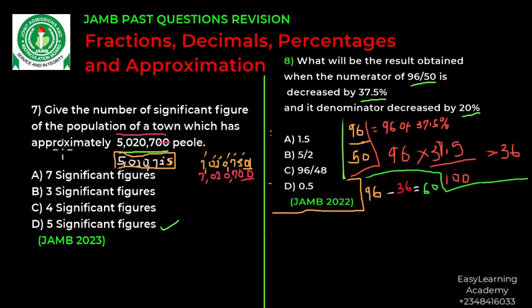All right, so now let's solve for that of the denominator 50, and as what we did, it's 50 times the percent decrease, that's 20 over 100.